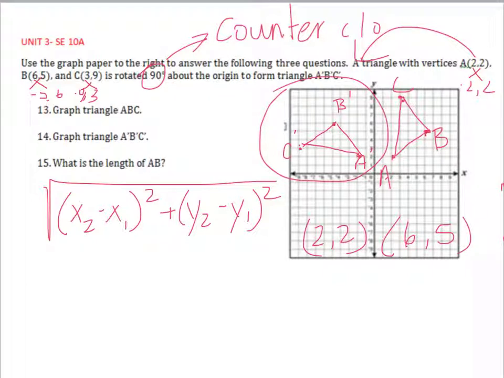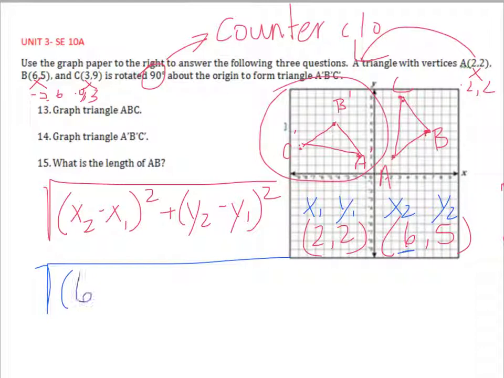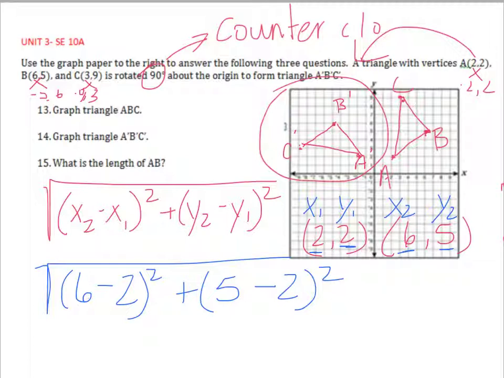We're going to label them x1, y1, x2, y2, and then plug them in. x2 is 6 minus x1 is 2 squared plus y2 is 5 minus y1 is 2 squared. And then you just simply plug those in. Plug that in straight to your calculator and get an answer.